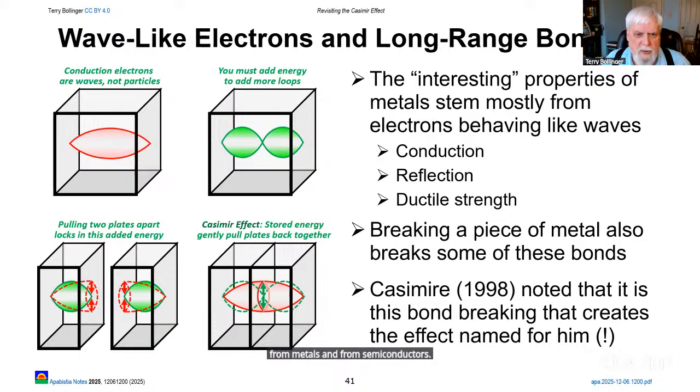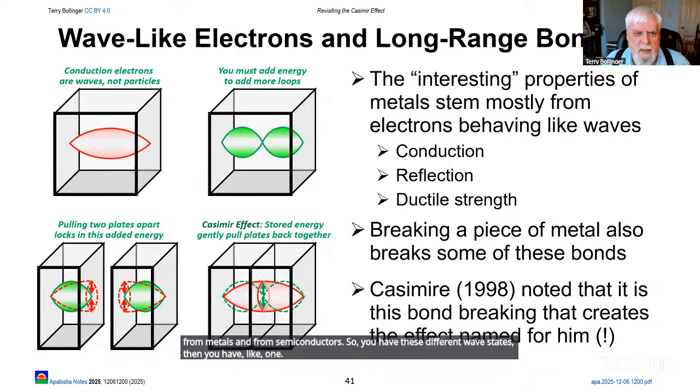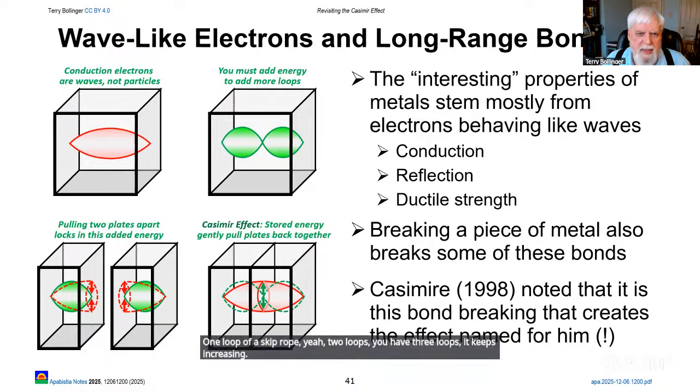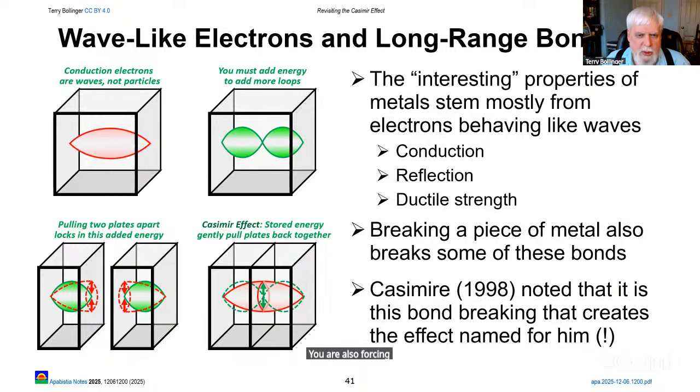So you have these different wave states. They have like one loop of a skip rope. You have two loops. You have three loops. It keeps increasing. If you break that block apart, you are also forcing the lower energy states to break into higher energy states. In other words, this is why metal is strong, because it doesn't want to do that. You require some energy in order to break that.